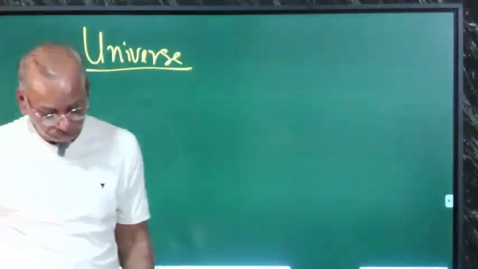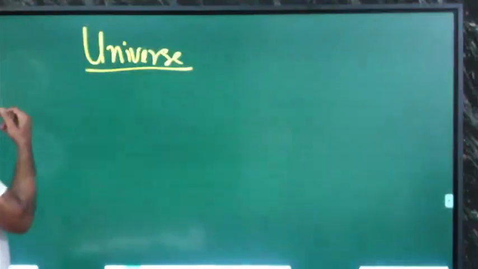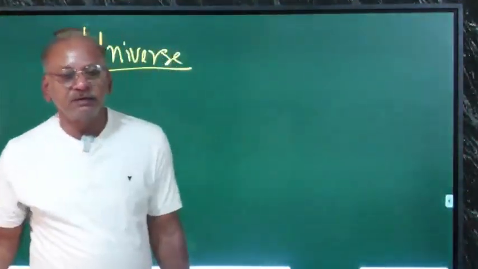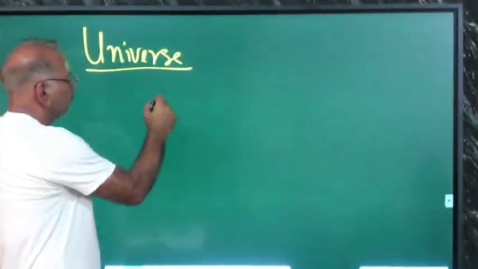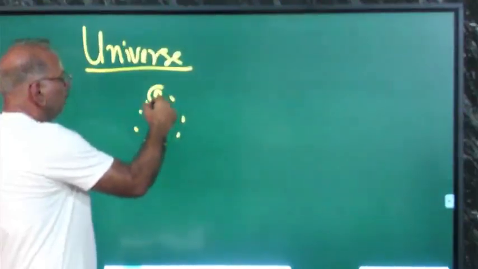In the whole universe, or if we cannot imagine the total universe, we can imagine our solar system: sun, earth rotating around it, and moon rotating around the earth.